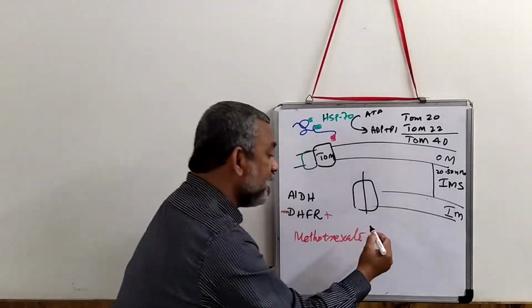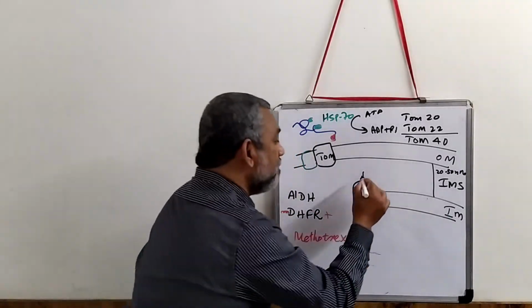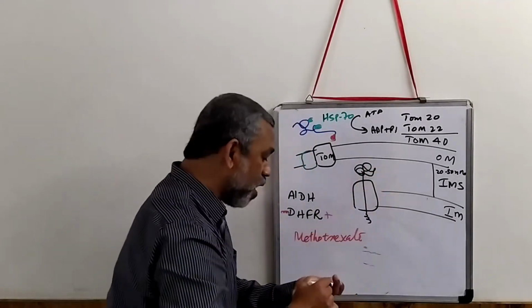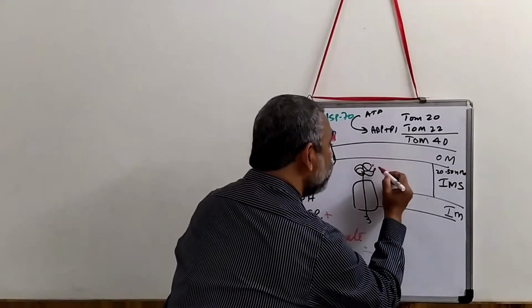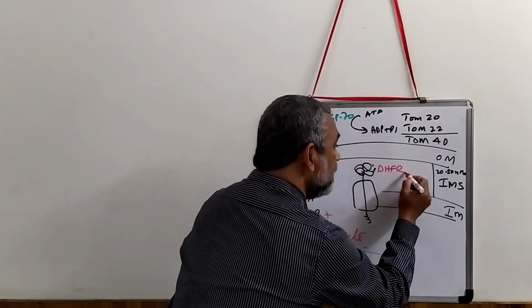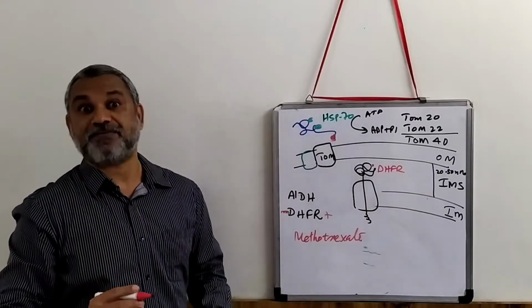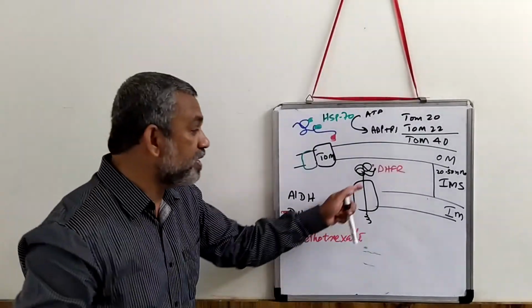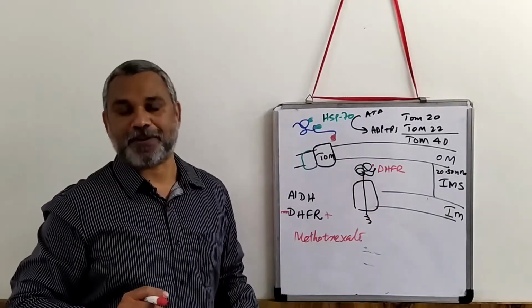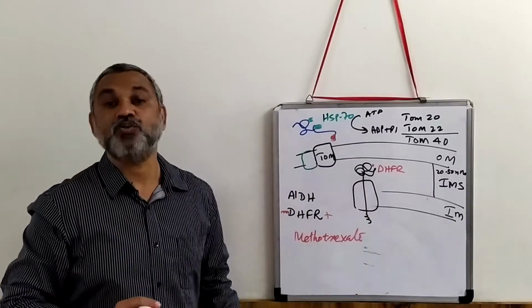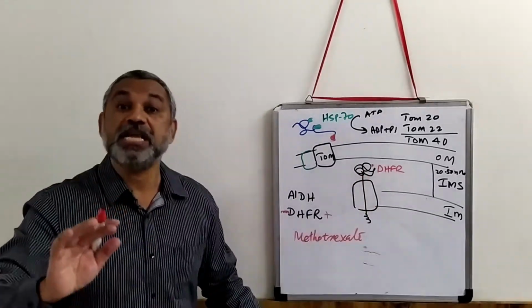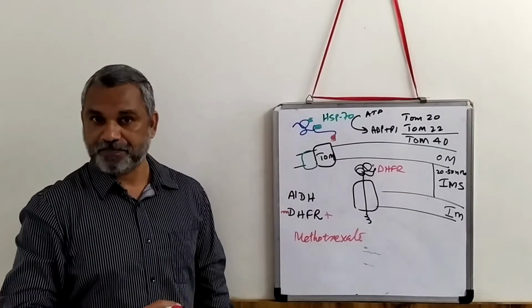The signal will be identified and the protein comes inside, but the methotrexate-bound DHFR, which is not unfolded, stays back in the cytoplasm. That is how they proved that the protein must be unfolded.